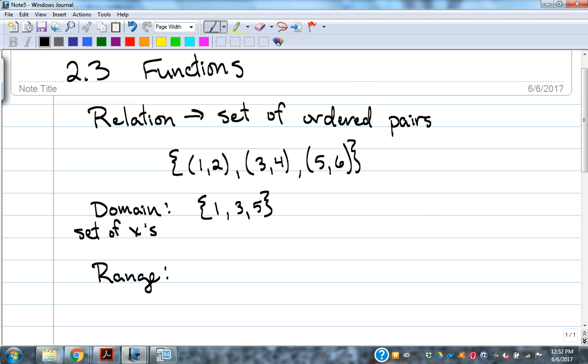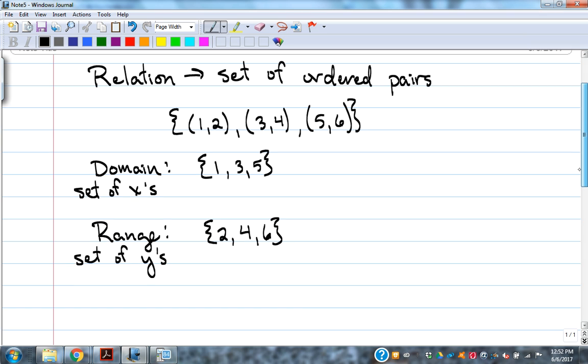That's the domain. Domain deals with x. So range must deal with the set of what? Y's. Yeah. Set of the y's. So just curly brace, the y's are 2, 4, and 6. So we have domain is the x values. Range are the y values.